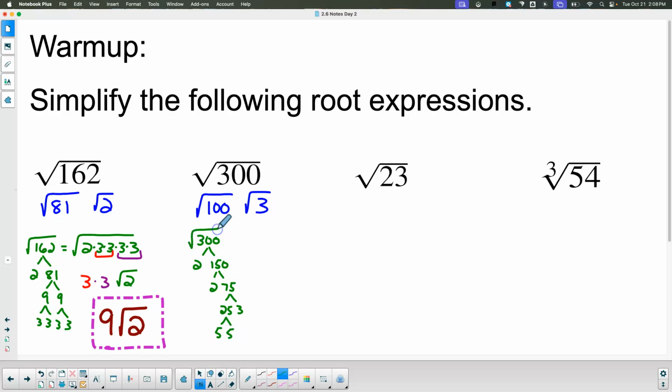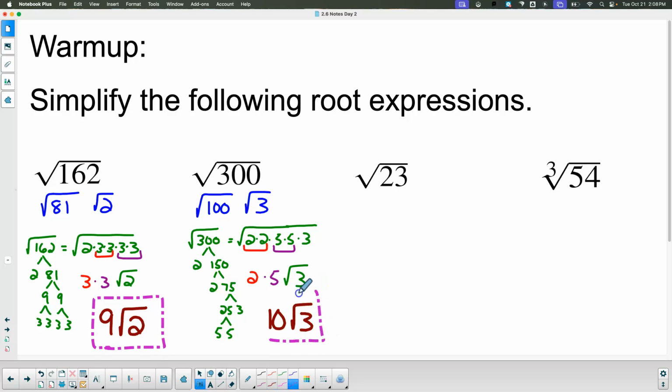So the square root of 300 would be the square root of 2 times 2 times 5 times 5 times 3. There's a pair, it comes out. There's a pair, it comes out. Not a pair, stays in, leaves me with 10 square roots of 3.